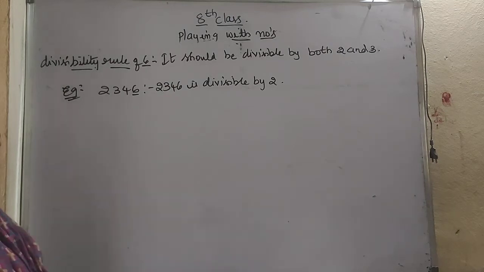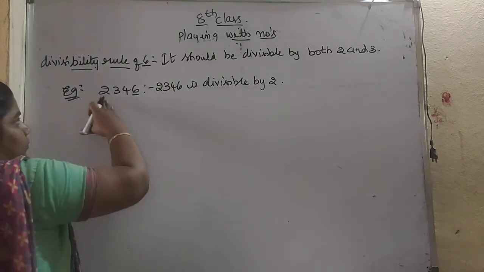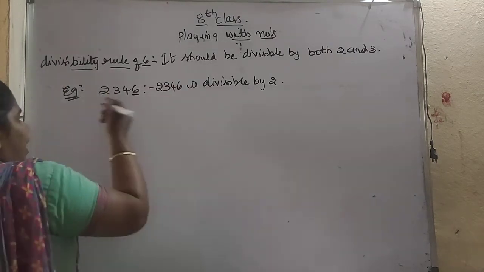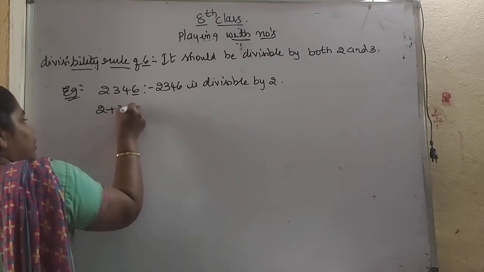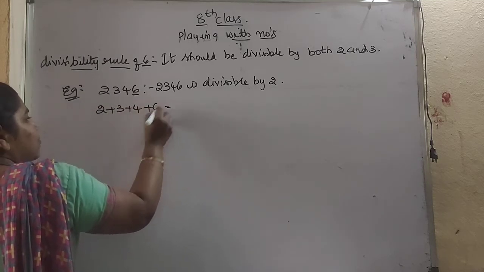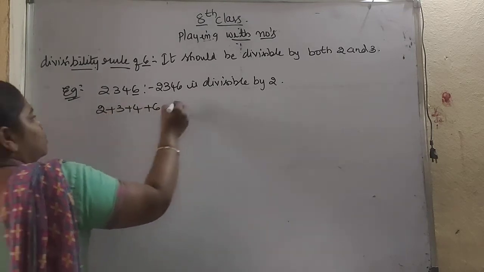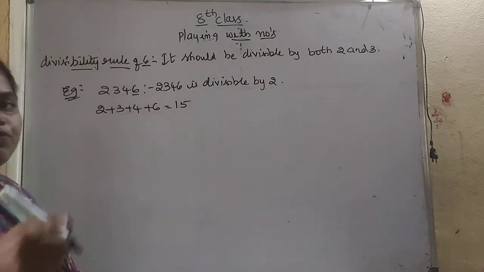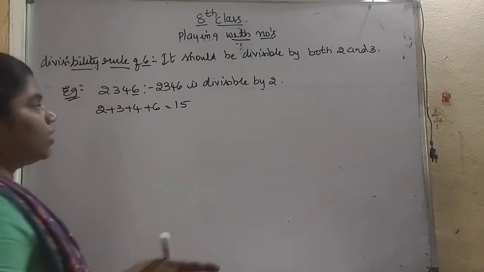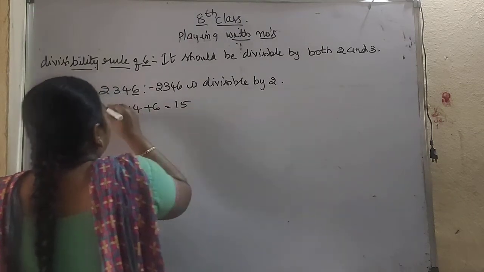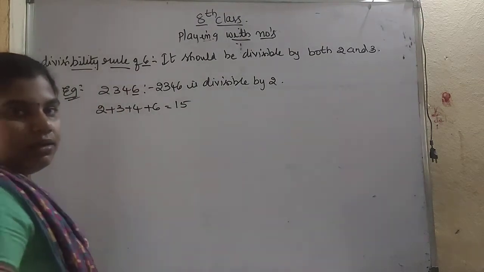Now, what is the divisibility rule of 3? The sum of all digits. We have to add all the digits: 2 plus 3 plus 4 plus 6. 6 plus 4 is 10, 10 plus 3 is 13, 13 plus 2 is 15. So 15 is a multiple of 3, so the whole value will also be divisible by 3.